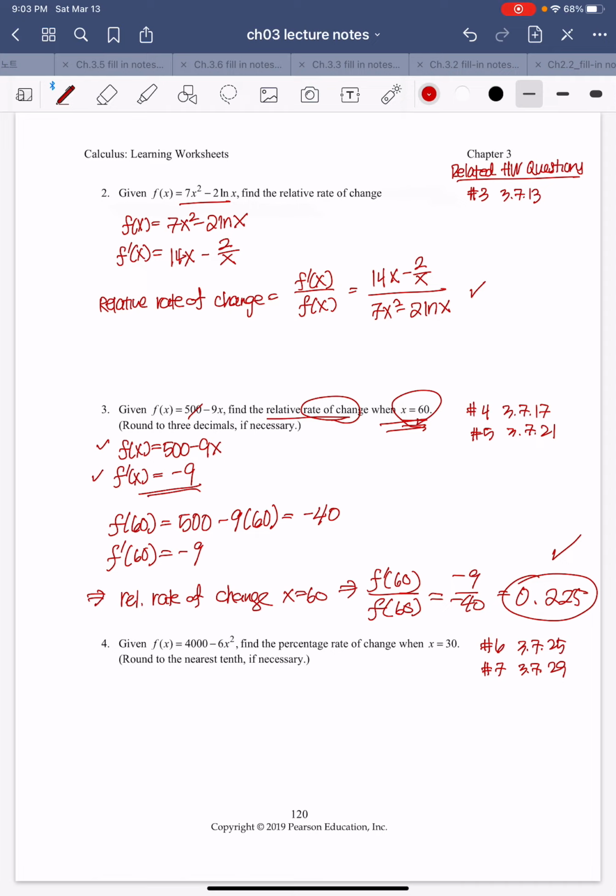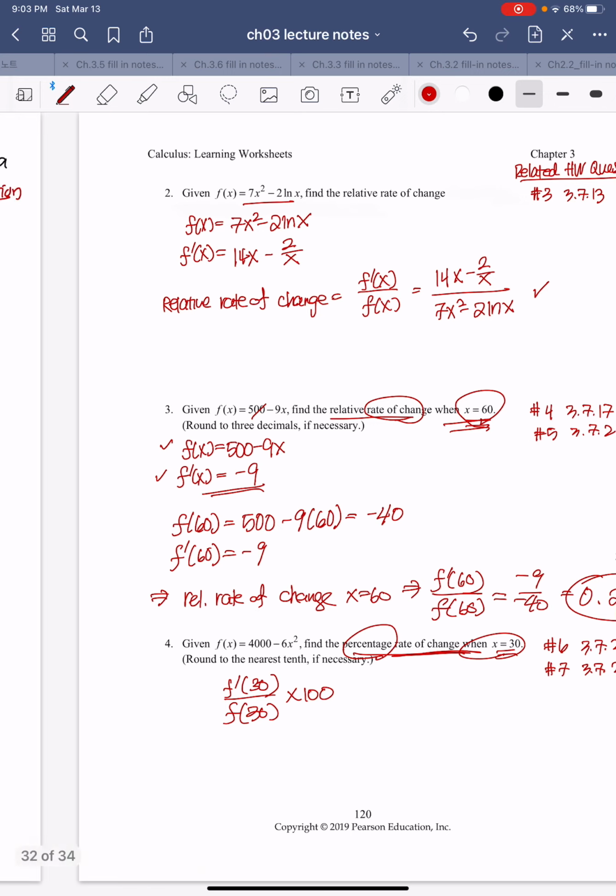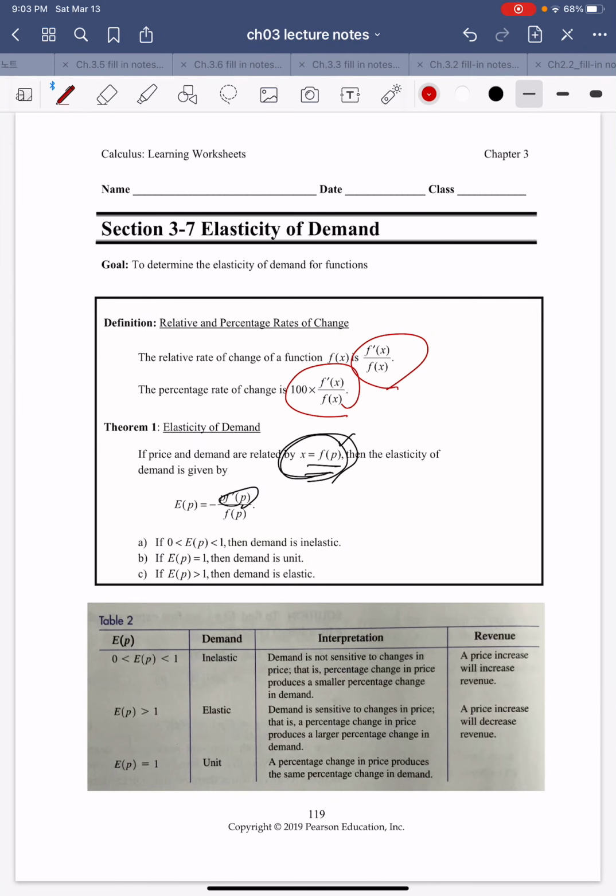Let's take a look at number 4. Given f of x is equal to 4,000 minus 6x squared, find the percentage rate of change when x equals 30. This is percentage rate of change. So that is f prime of 30, because we are given the x value, and then we are going to multiply by 100 to make a percent. That's what we have over here. You can, of course, rearrange because multiplication is commutative.